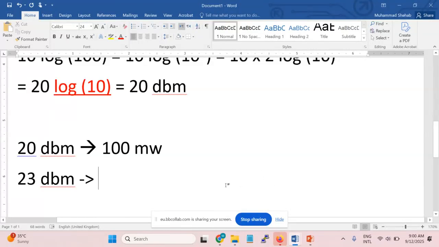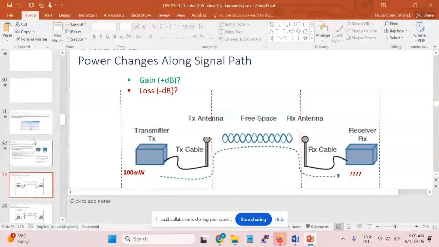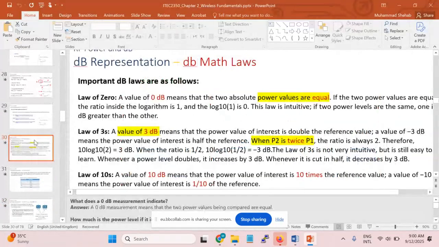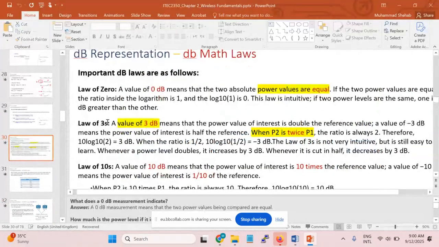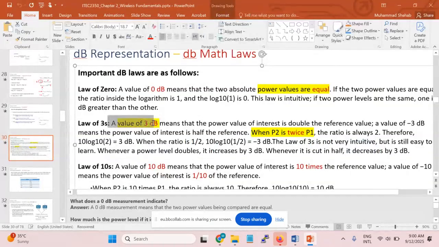We have learned in the lecture the rule of 3. Any increase of 3 in dB means the power is doubled in watt.